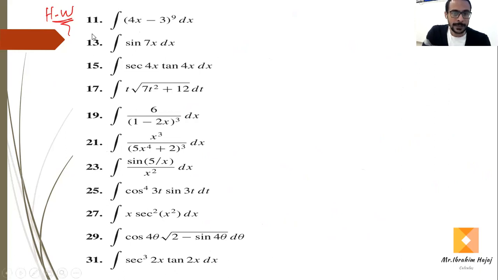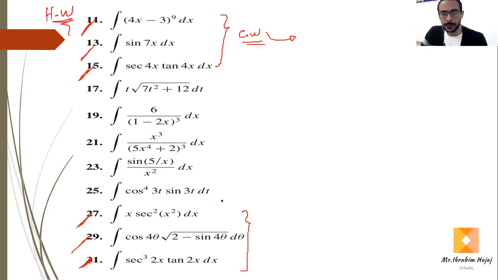So now we will split them into class work and homework. As class work, you solve 11, 13, 15 and send the answers to me via WhatsApp, and then we will solve 27, 29 and 31 together. So now you have 10 minutes to answer these questions and send the answers to me.